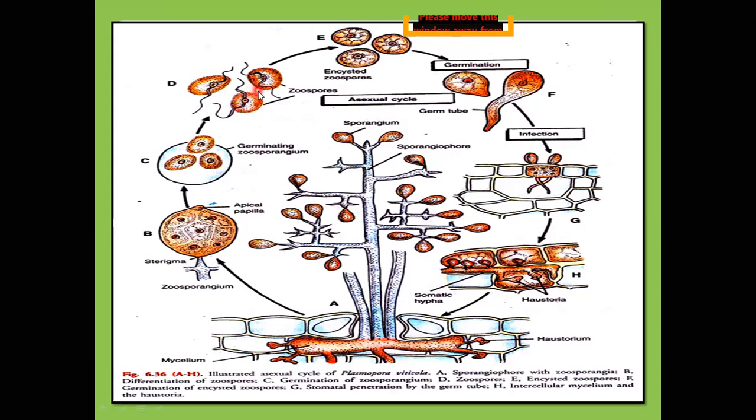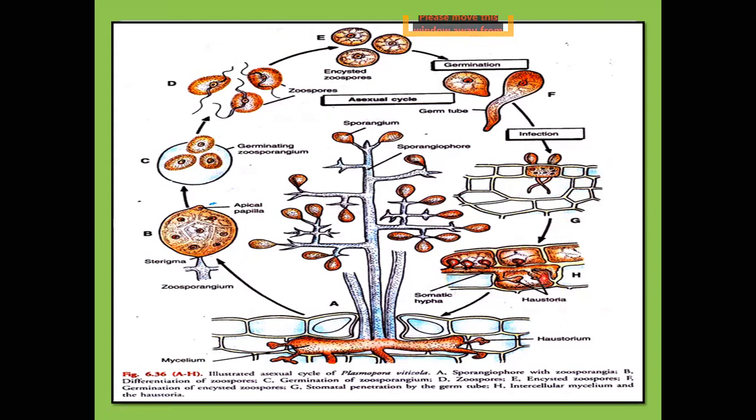These sporangia and zoospores are disseminated from the infected host tissue and deposited on healthy host tissue. The spores generally grow intercellularly between the host tissue.